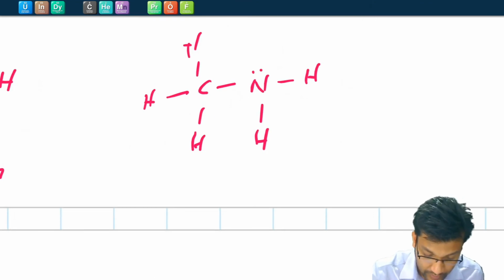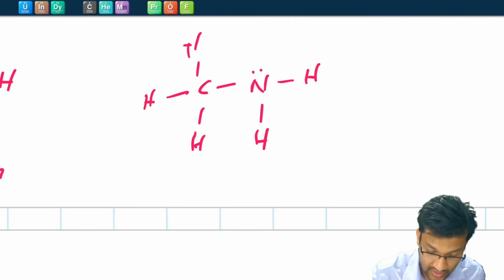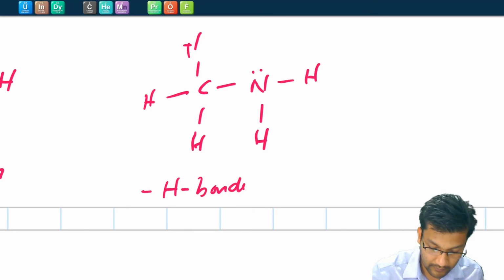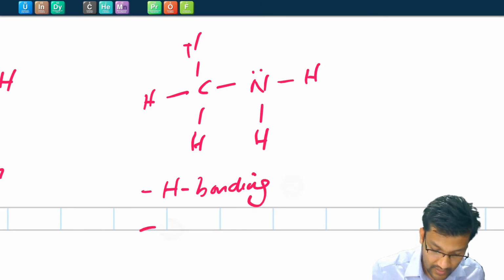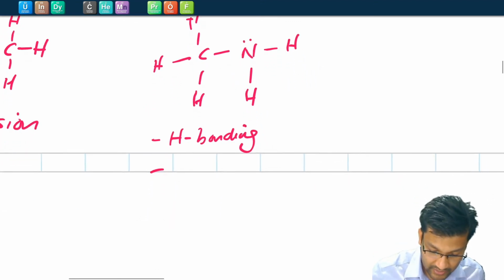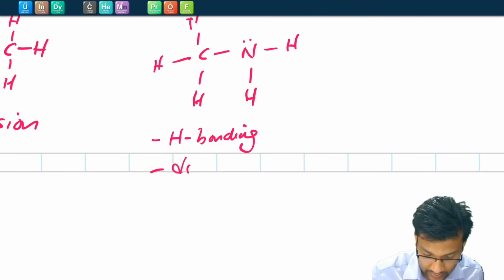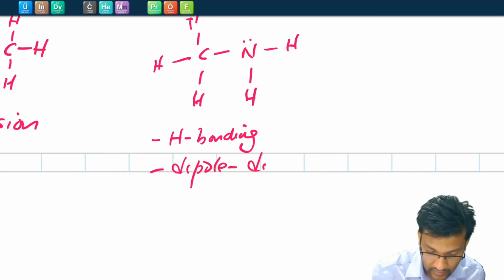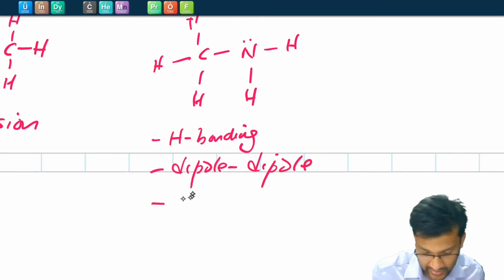No ion dipole, but here's a hydrogen and another hydrogen bonded to a nitrogen. Once we see that, we know this has hydrogen bonding. It also has a little bit of dipole-dipole interactions because nitrogen is a little bit more electronegative than hydrogen. So dipole interactions, and everything has dispersion.